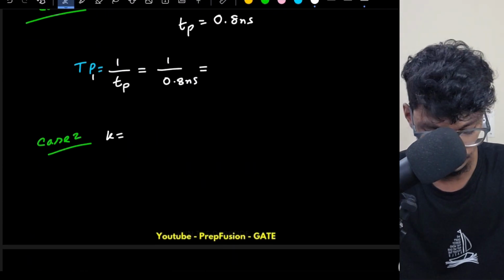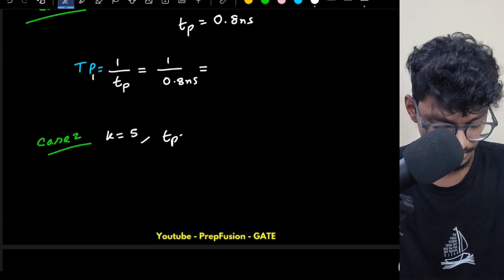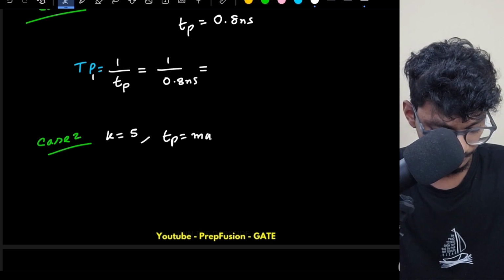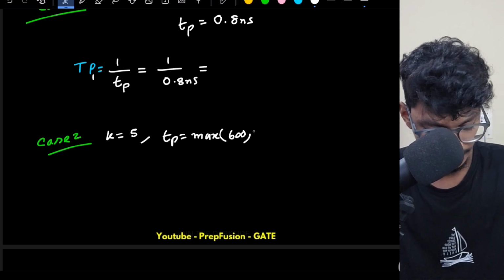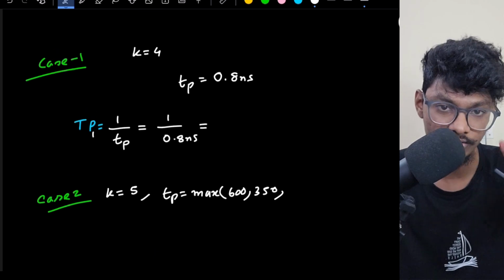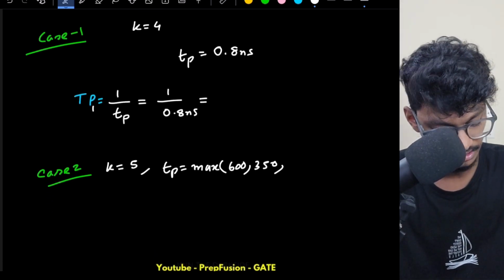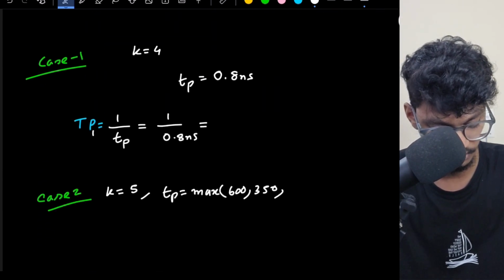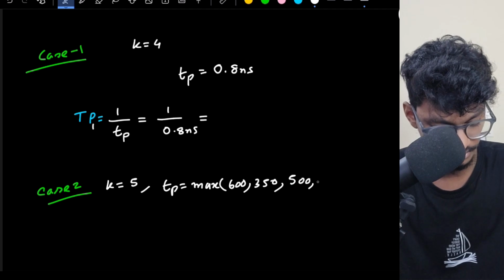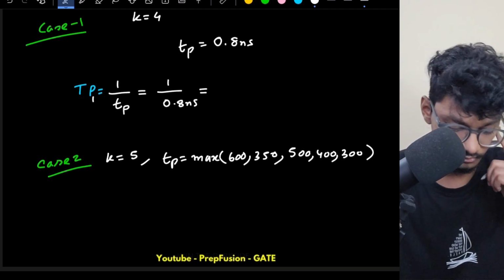K is equal to 5. And what is my TP? TP now will be the maximum of 600 and 350, because I have further divided that into 2 segments, and the others are the same: 500, 400 and 300.